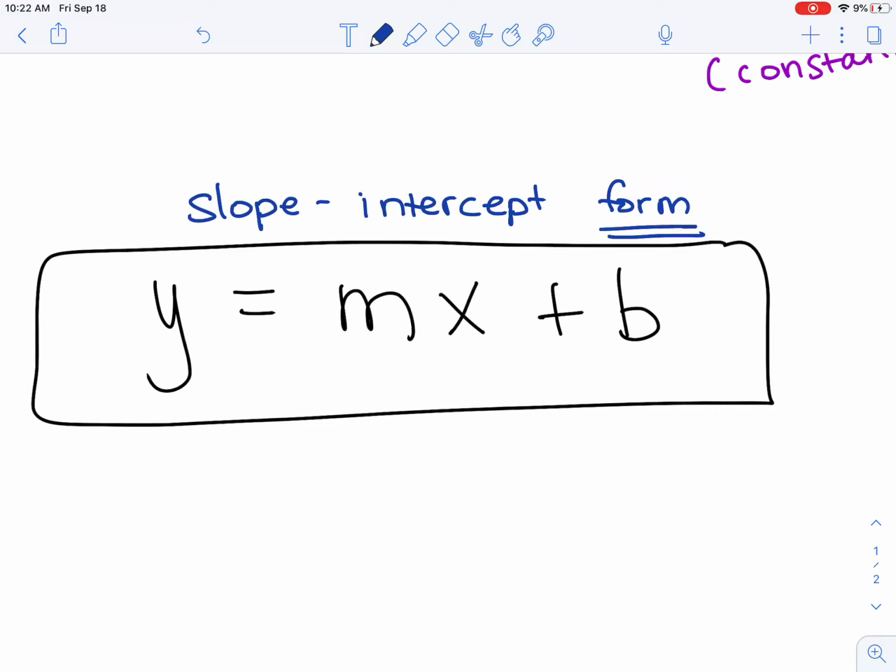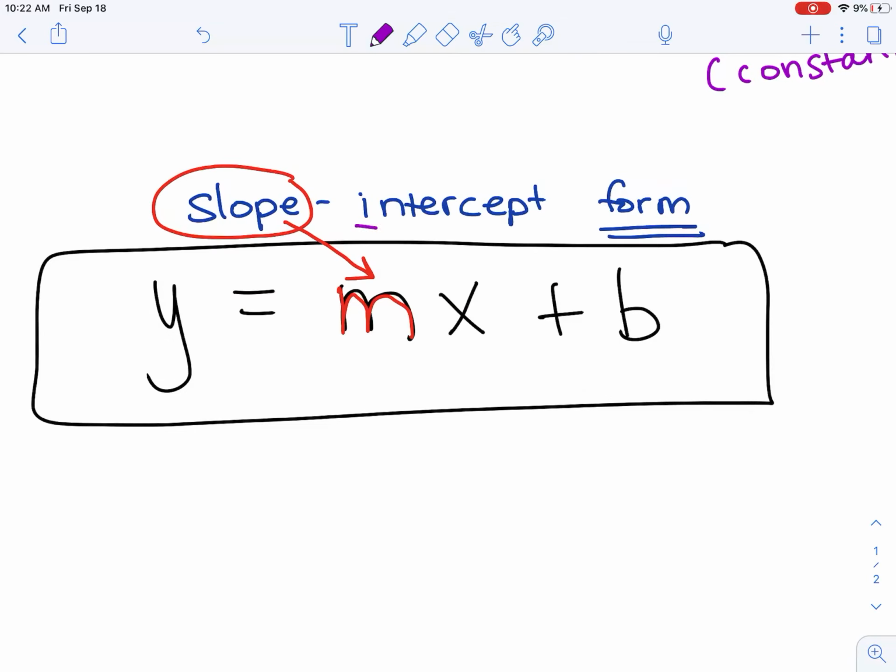We know that the second that we look at this form, we can see a particular type of information. Number one, because of the name, it's slope. If we look at this form, the slope is ready to see. And we know that whatever number is in front of x is our slope. So m isn't really m. That stands for the number of our slope.